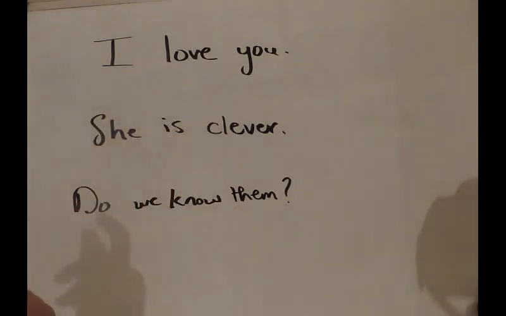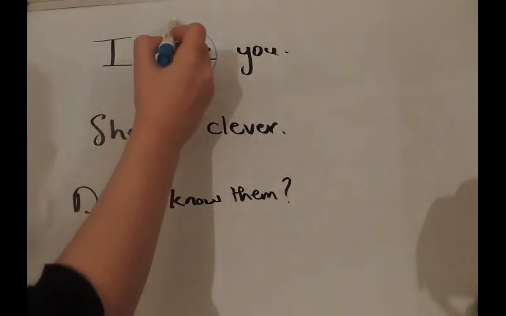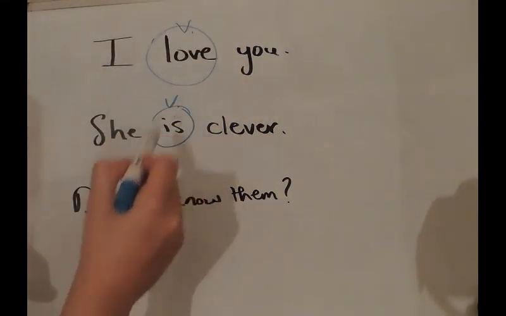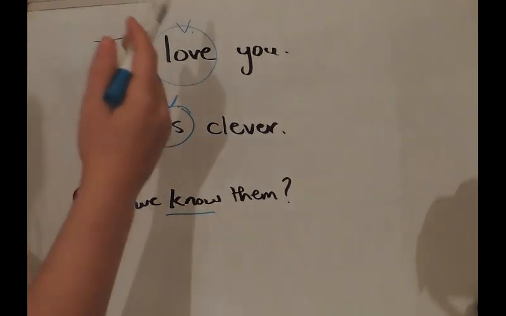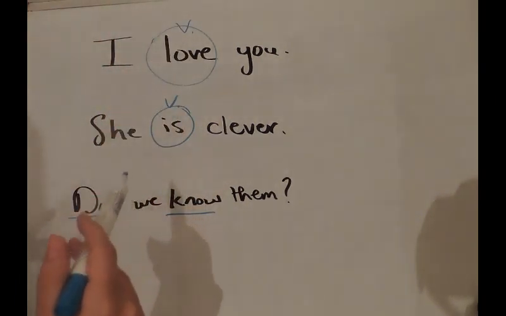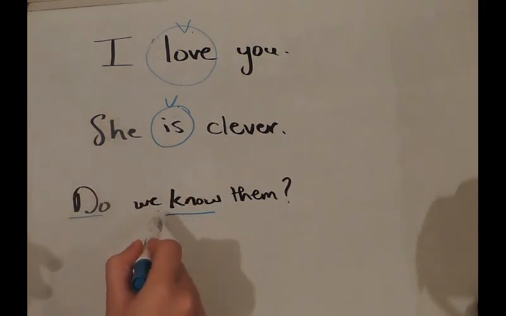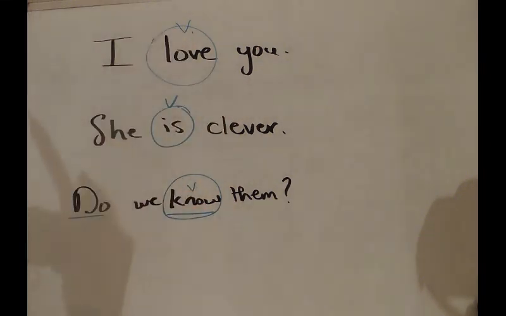In a sentence, I look at the verb. Alright, I look at the verb. The verbs here, in the first sentence, love, second sentence is, third sentence, do and know. We have a verb phrase here, but we're only going to take know, okay? This is an action verb.